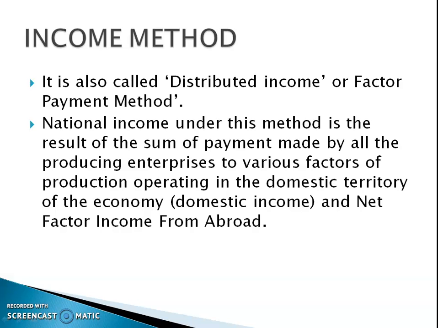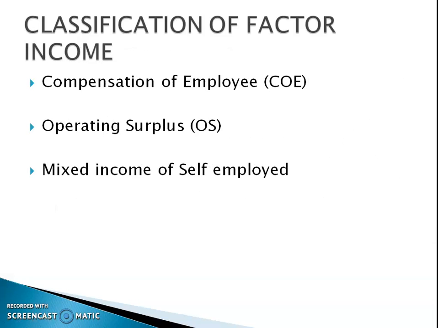Here factor income is divided into three major categories. First one, compensation of employees, that is COE. It is the income from work. Then the second one, operating surplus, OS, that is income from property and enterprises. And the third one, mixed income of self-employed, MI or MISC.